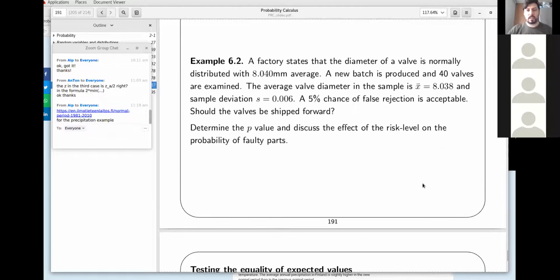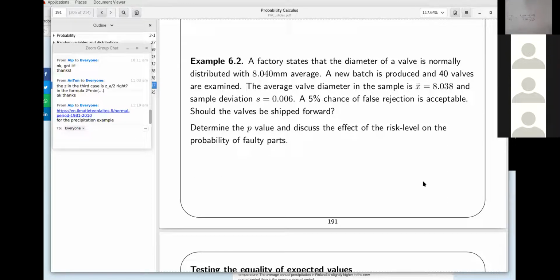In this case, our average is 8.038 minus 8.040, because that's our previous average, divided by the sample deviation, which is 0.006 over the square root of n, which is 40, so the square root of 40. So this would be my t statistic.